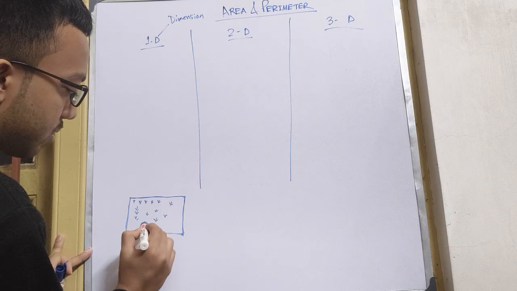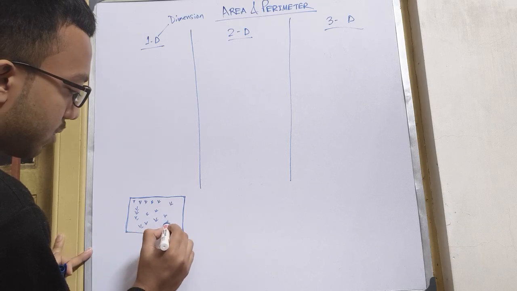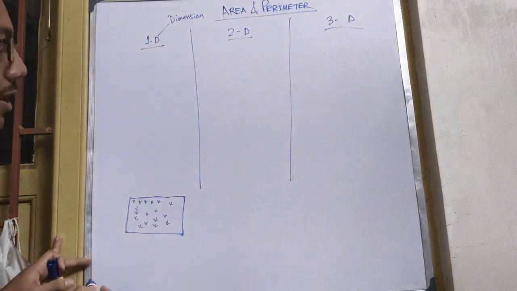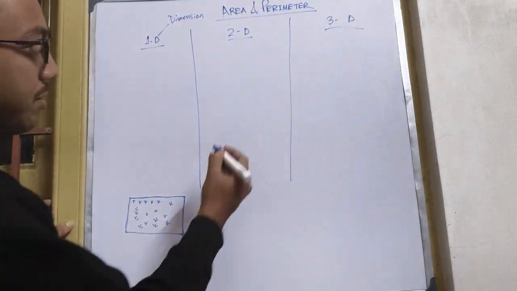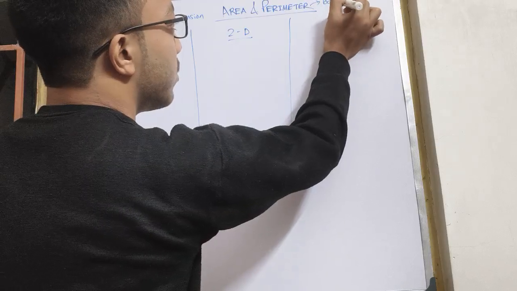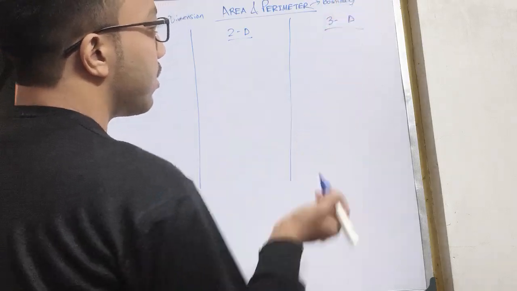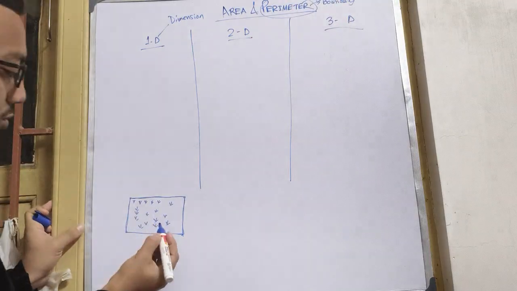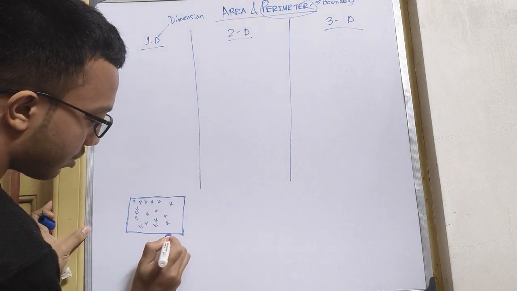When you are asked to calculate the perimeter, perimeter means boundary, so you have to only calculate this portion.